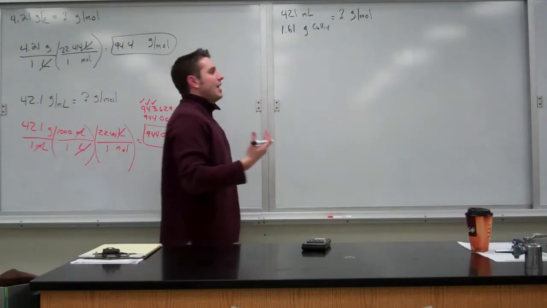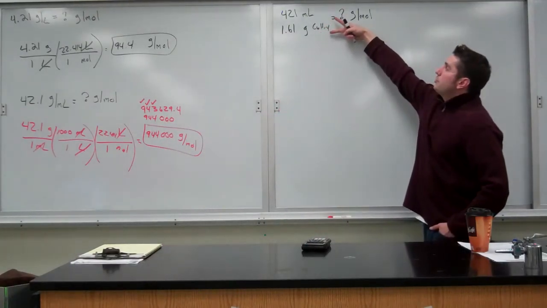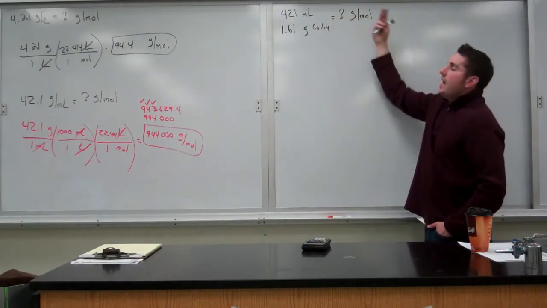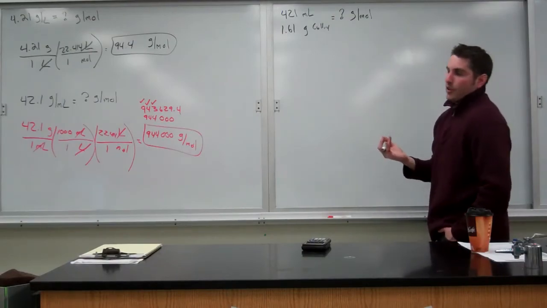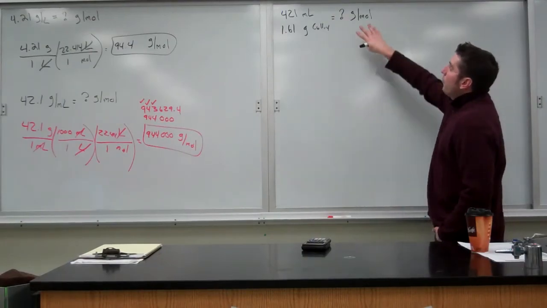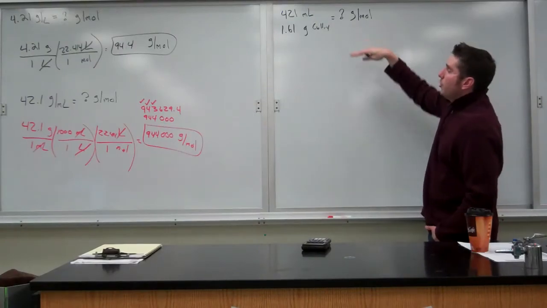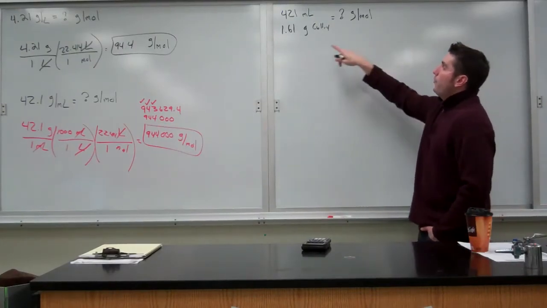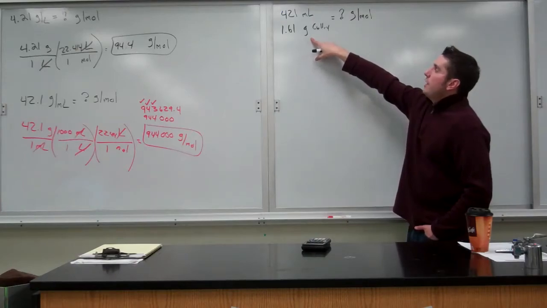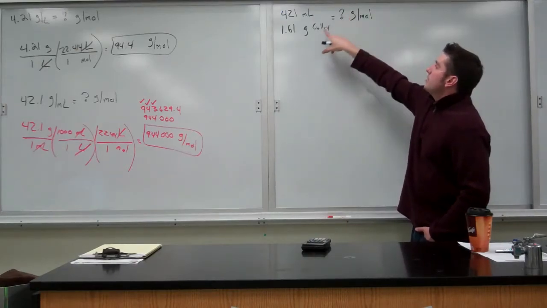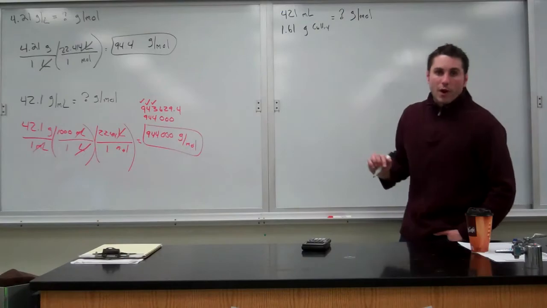This takes us back to that scenario where I have two different numbers presented, and I have to decide how to stack those numbers. Again, look at your answer units, and you will see which of these makes the most sense to put on top, and hopefully your brain is telling you that it's the 1.61 grams, so that we have grams in the numerator of our problem.